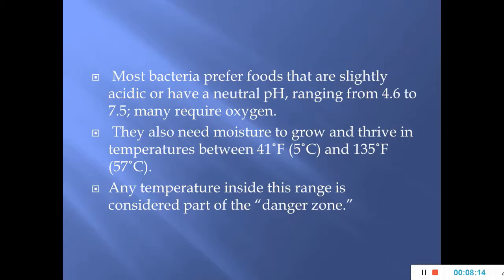So you have a temperature range like this, and if you keep the food at a temperature between these two, the microorganisms probably grow at a very rapid rate. Considering food quality, 5 degrees centigrade to 57 degrees centigrade is considered the danger zone.